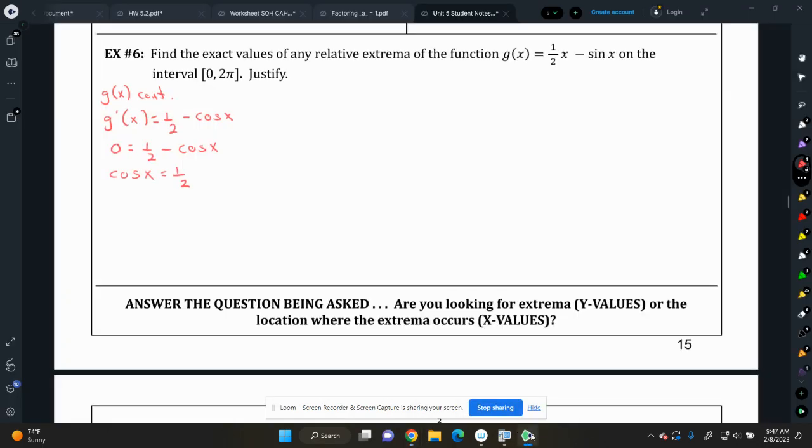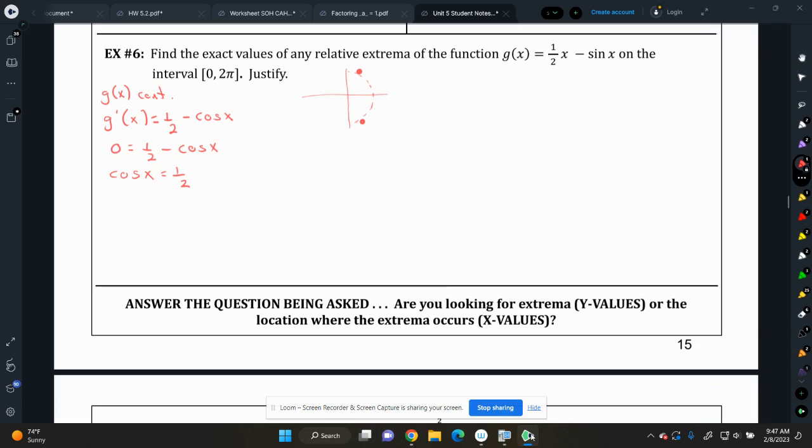Okay, so I took the derivative and I set it equal to 0. So now I have cosine x equals 1/2, all right? So I've got to go back up and think through my unit circle. Where is the cosine positive? That's going to be over in this half. And where's it equal to 1/2? Right here and right here.